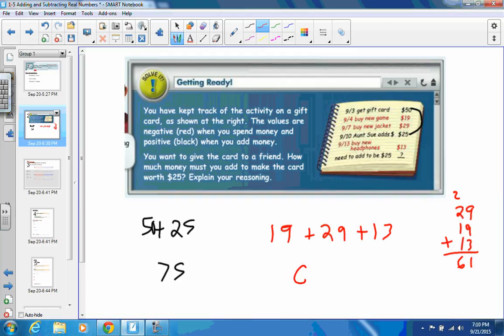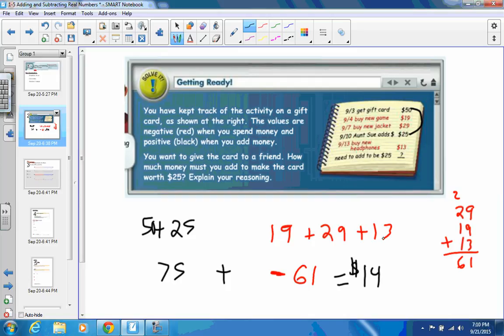So that would be 61. Now, if you're losing money, make sure you know that that would be taking away or adding a negative. It's going to be negative here, negative 61. When you add these together, 75 plus negative 61, you end up with 75 minus 61, so it's $14.